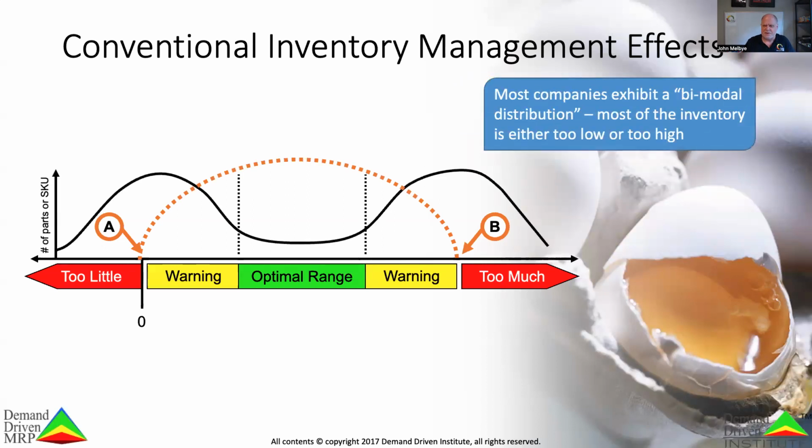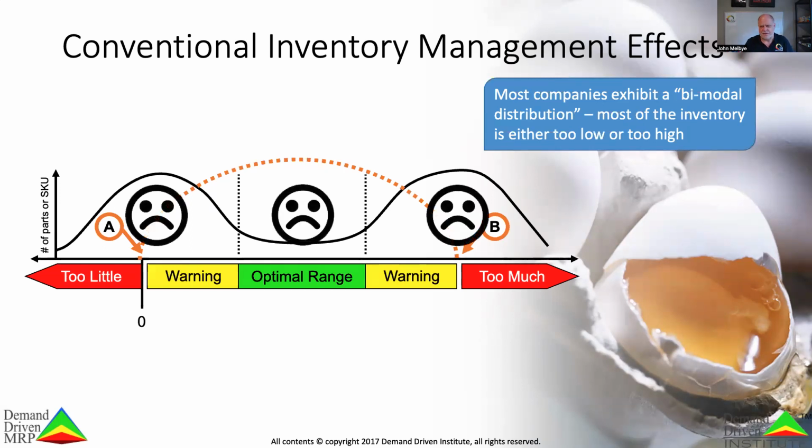But most companies exhibit what we call the bimodal distribution. We either have inventory where we don't have enough, or we have too much, and we have almost no inventory in that optimal range. It's important to note that this is by design of the MRP system, because when MRP was created, we wanted to have no inventory left over.